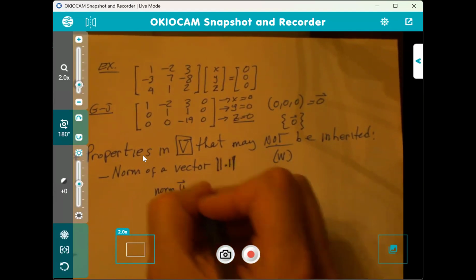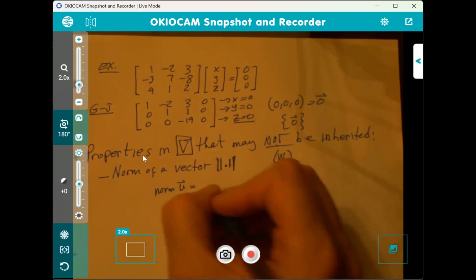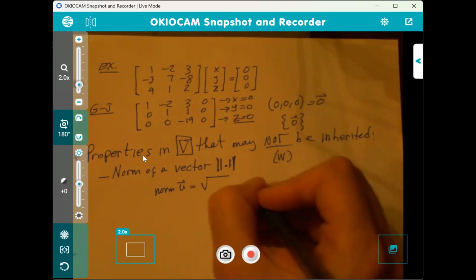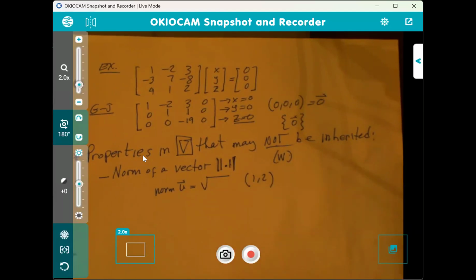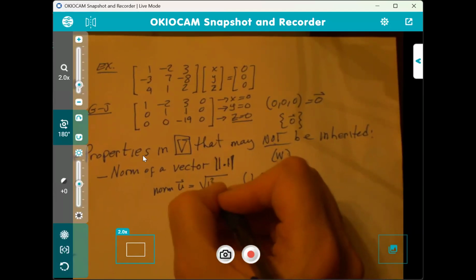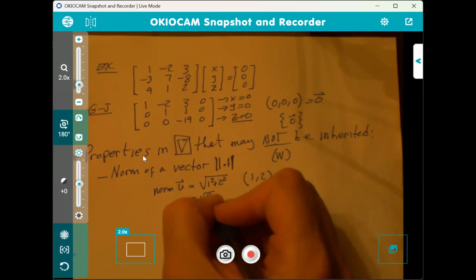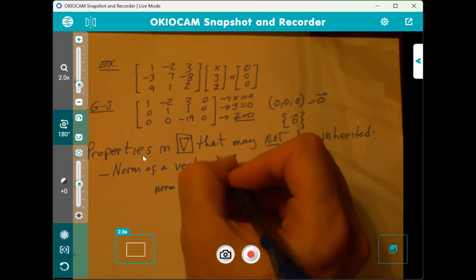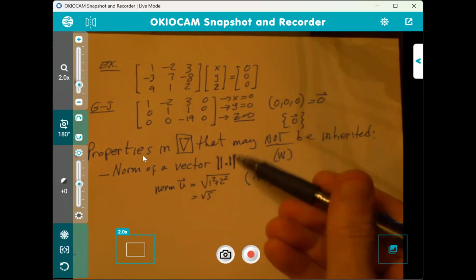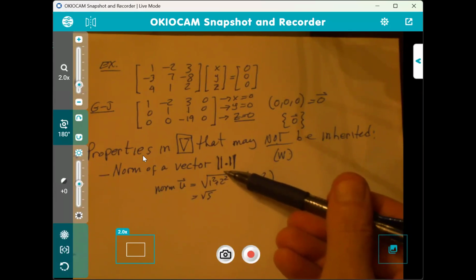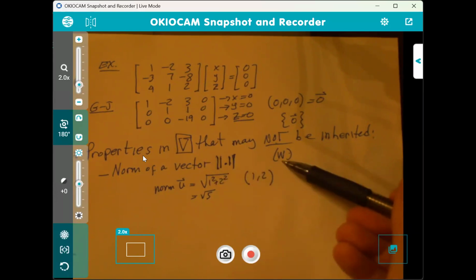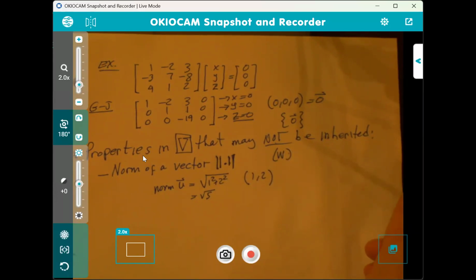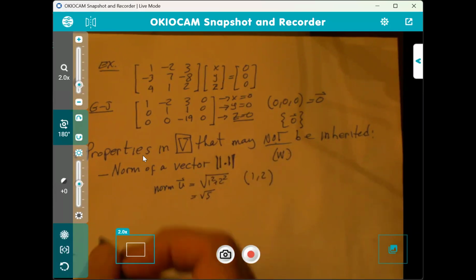So let's say I want to find norm of U. Suppose my vector U is 1, 2. The norm of the vector is the square root of the sum of squares. So the norm of this vector is the square root of 5. This is not inherited. And the reason is because, remember, U plus V may not be in W. If U plus V is not in W, then the norm is going to exceed the length of the vector that's in W. So that may not be inherited.